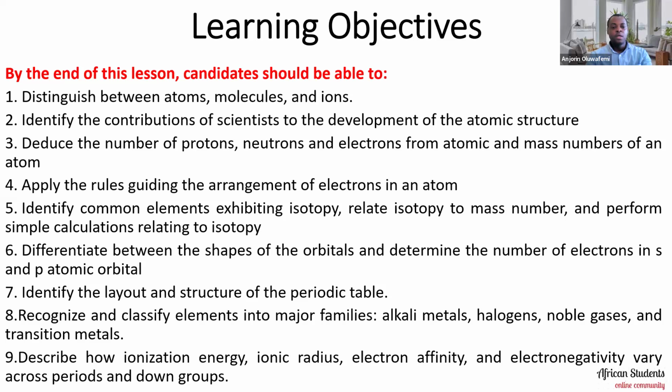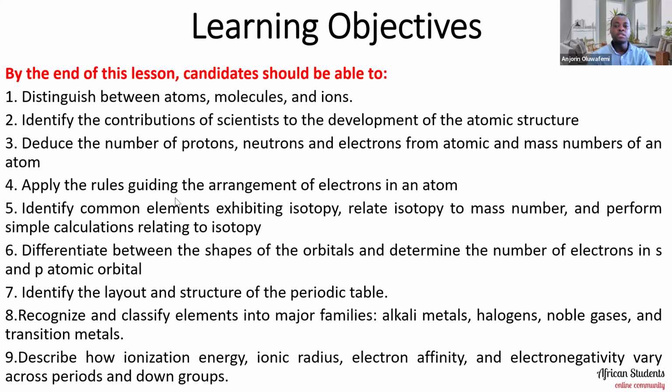Also, you should be able to describe how ionization energy, ionic radius, electron affinity, and electronegativity vary across periods and down groups. So these are the basic things you should be able to do by the end of this lesson.